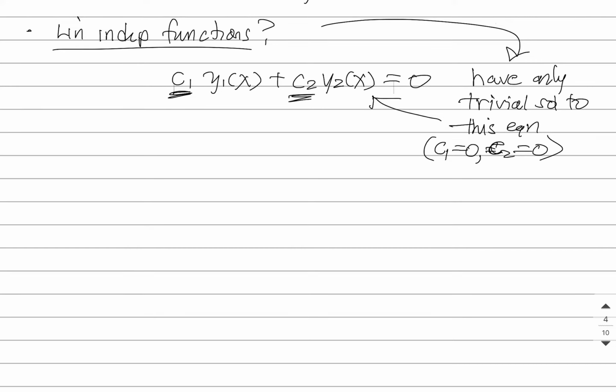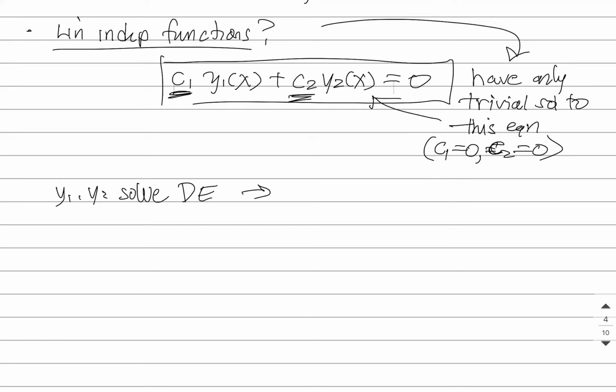Now, if y1 and y2 solve your differential equation, that means you can differentiate them. And if you get this equation to work with, that means you can automatically differentiate both sides, and you can also consider this equation.